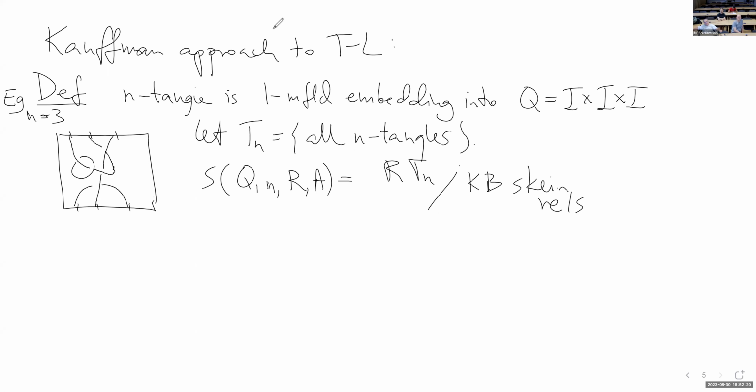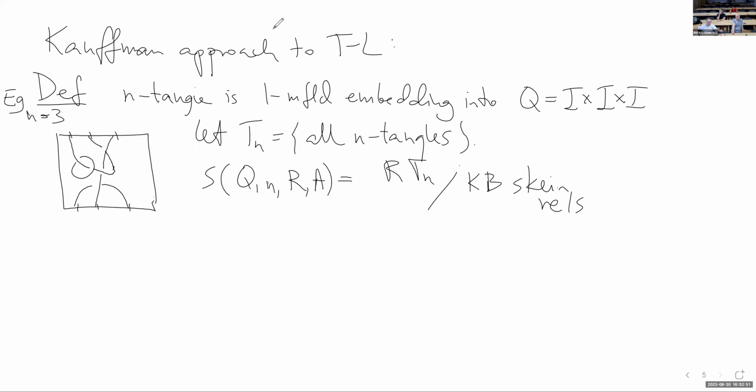So I was missing in this definition that n is the number of intersection points of a tangle with the top face of the cube, which is also the number of intersection points with the bottom face. That's right, a generalization of the braid.